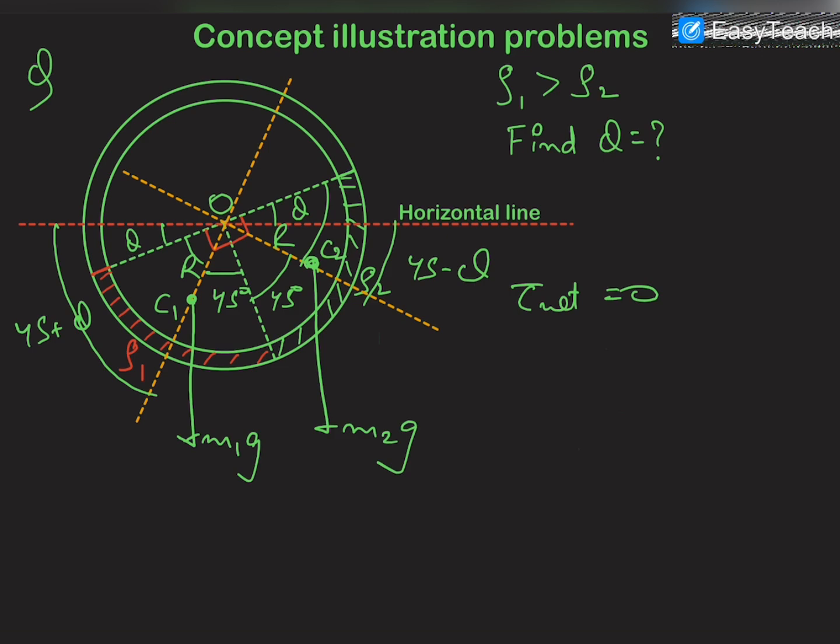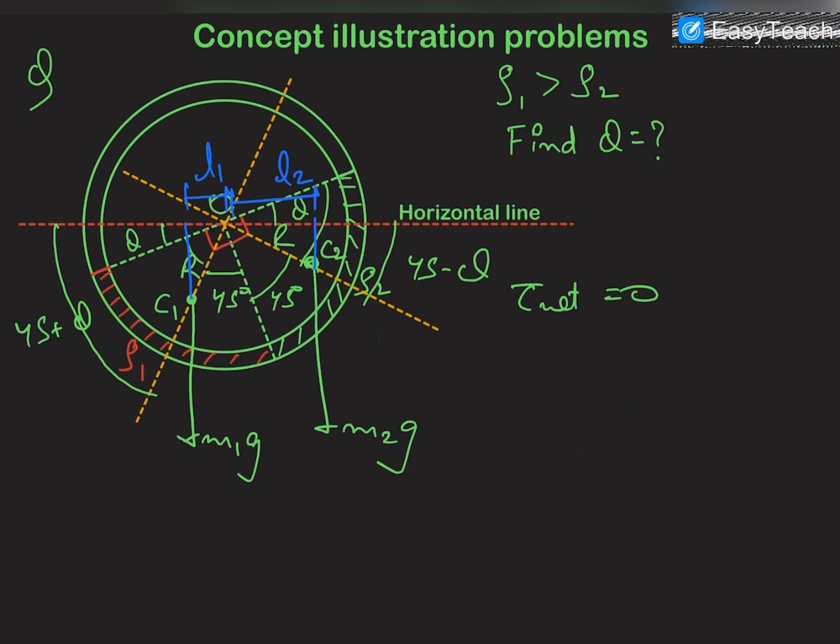While writing the equation of torque, the torque would be mg into this distance. Let's suppose this distance is L1, and the other distance is L2.